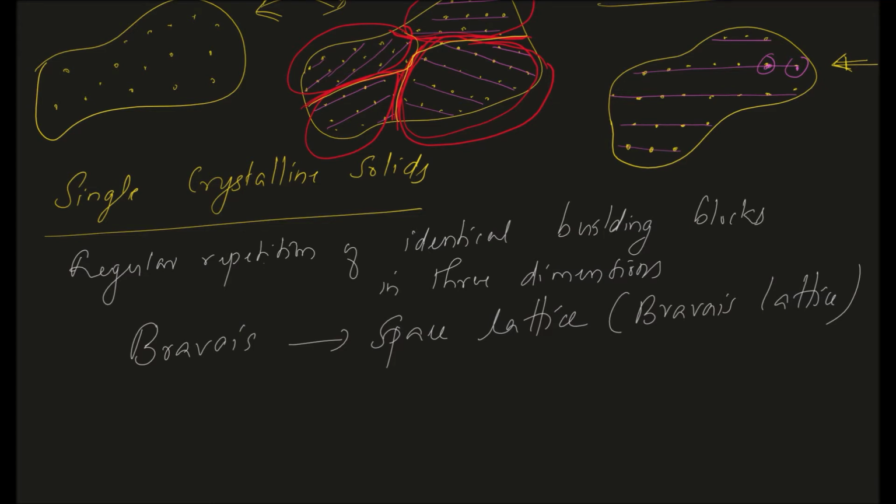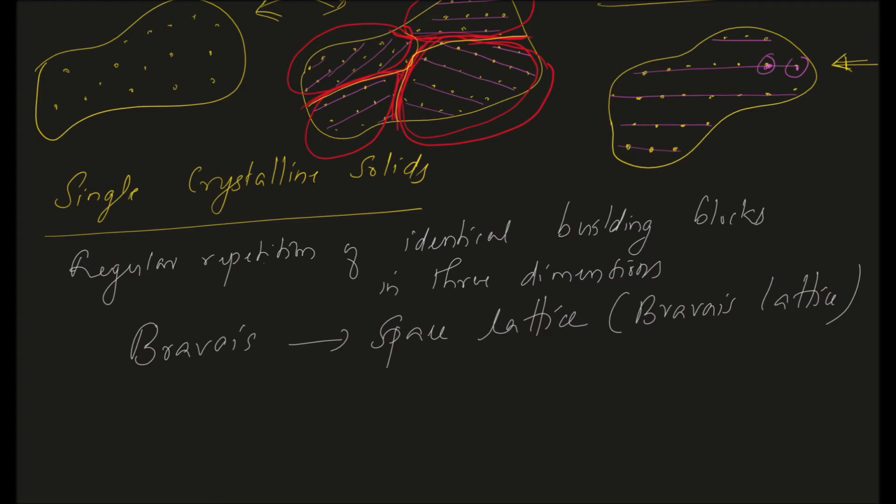Whatever these constituent particles be, whether atoms or molecules, you can find an ordered arrangement in single crystals, and the Bravais lattice will tell you the periodic nature in which these constituent particles are arranged. So the Bravais lattice summarizes only the geometry of the underlying periodic structure, regardless of what the actual units may be.